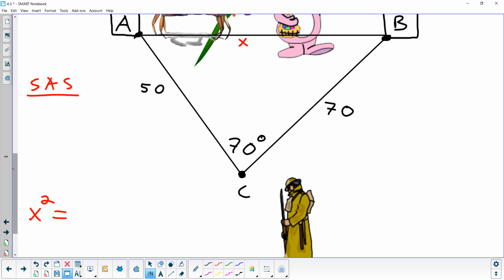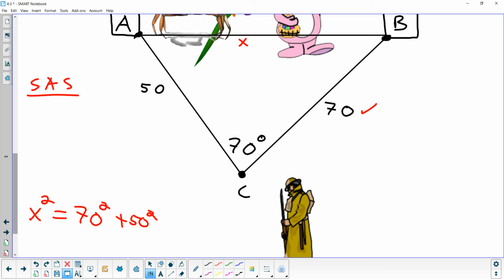What would come next in my formula? We've got one side squared equals, Don? 70 squared. Okay, so 70 squared, we've used this one. What else? Plus 50 squared.